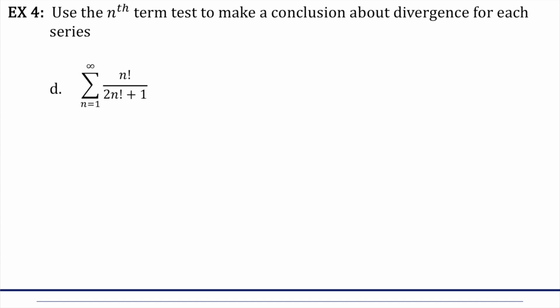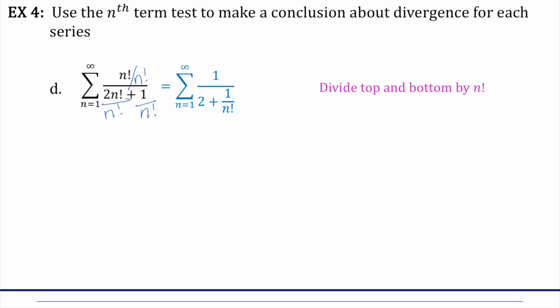Oh, we've got another factorial. Okay, so how do we do this one? Here's a trick to make it a little bit easier. We're going to divide the top and the bottom by n factorial. So if I divide the top by n factorial, and then each term of the bottom by n factorial, I can kind of get a glimpse of what's going on.